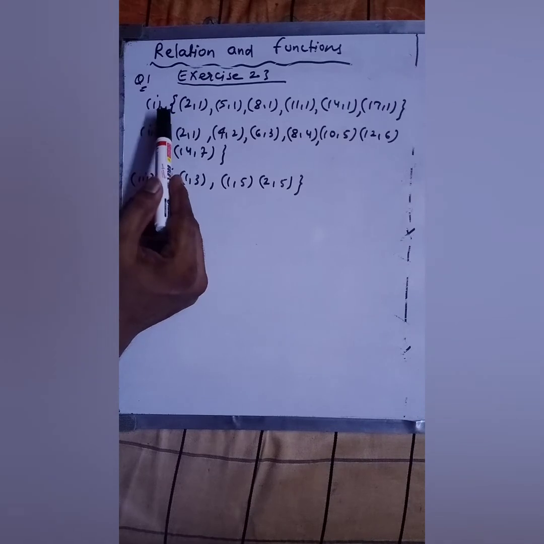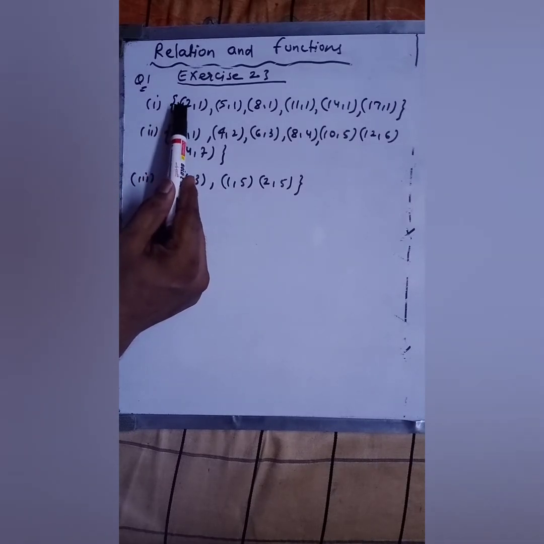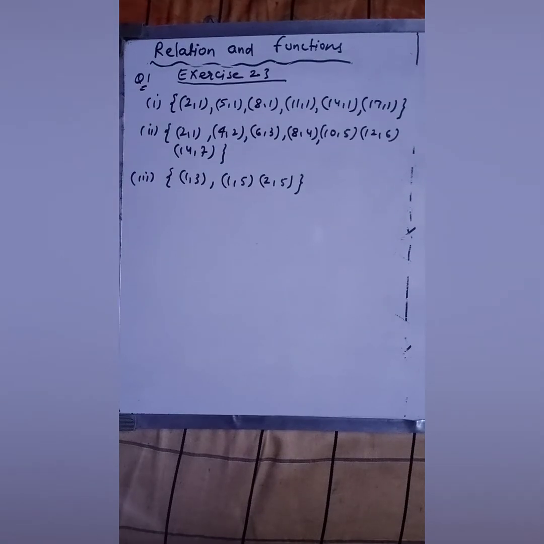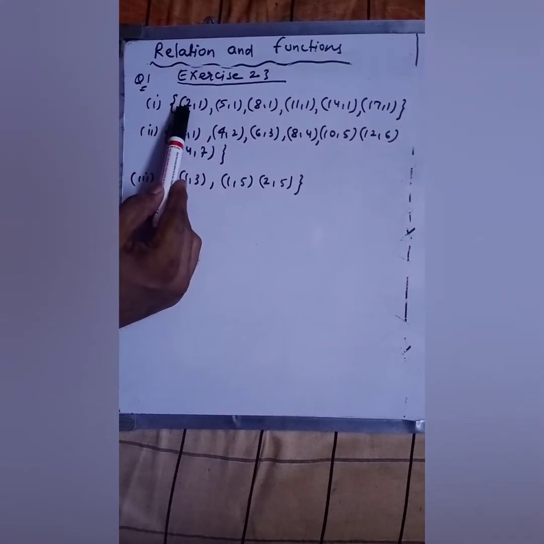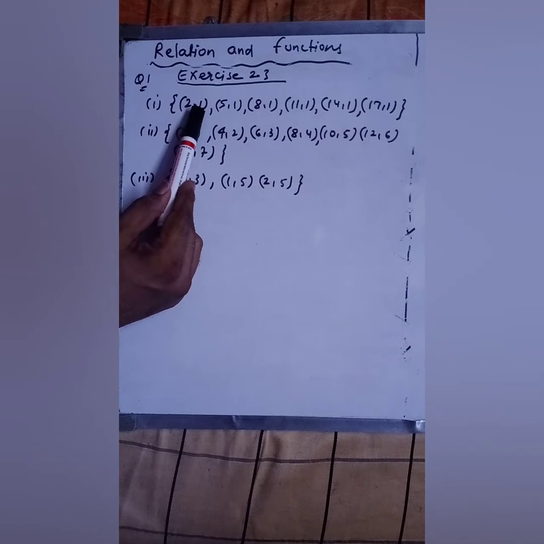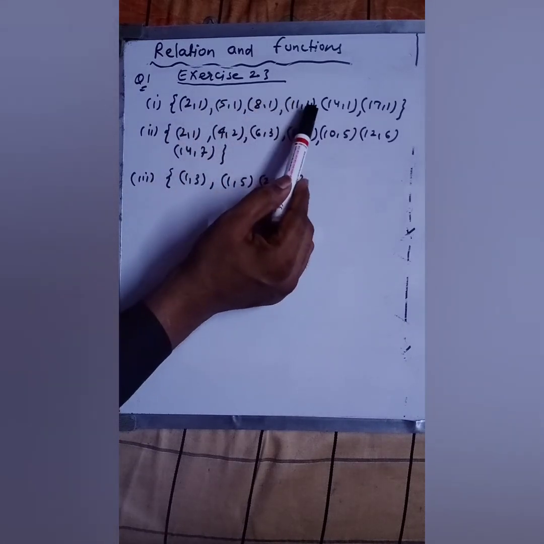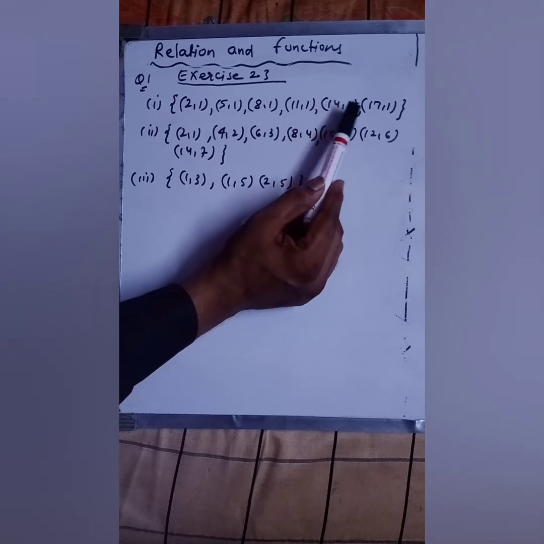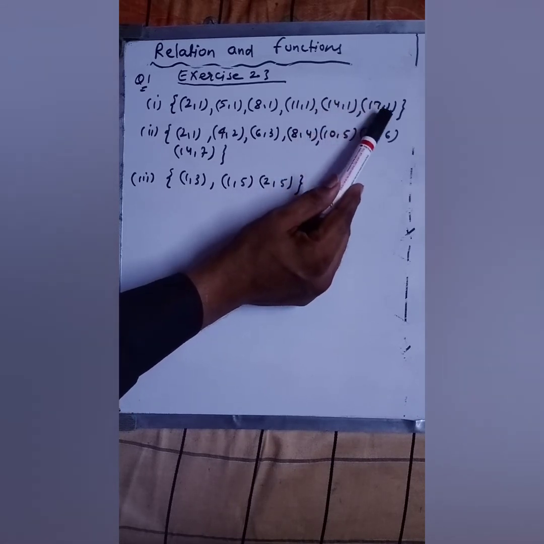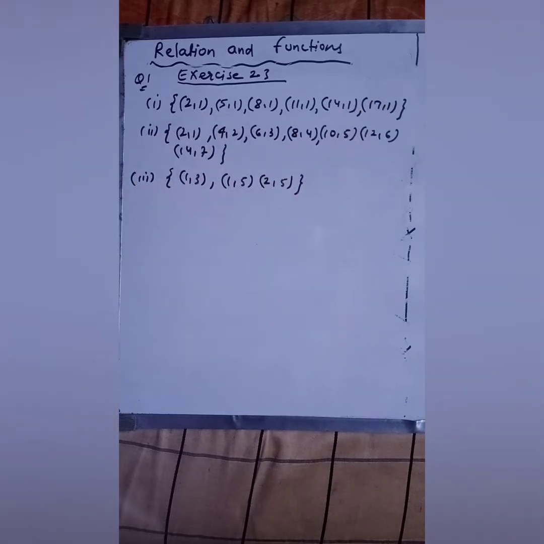First, 2, the first element, has only one image, that is 1. 5 has only one image, 8 has only one image, 11 has only one image, 14 has only one image, and 17 has only one image. So every element of X has only one image, so this is a function.